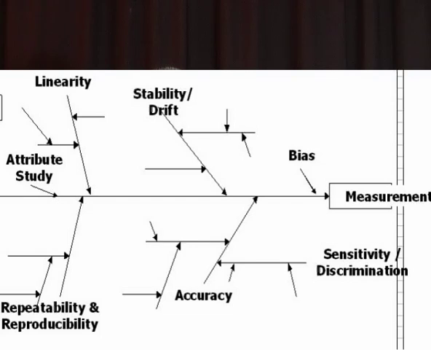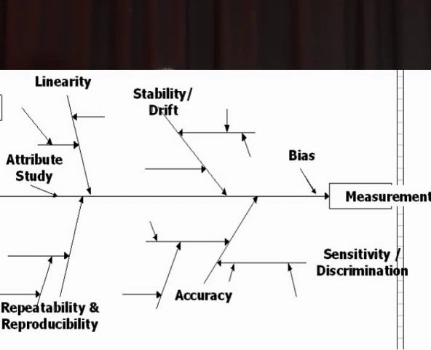Now, they talk about something called sensitivity of a gauge and the discrimination of the gauge. They talk about something called bias and the stability and drift of a measurement system. Then they talk about linearity. We also talk about linearity. But are we talking about the same thing?